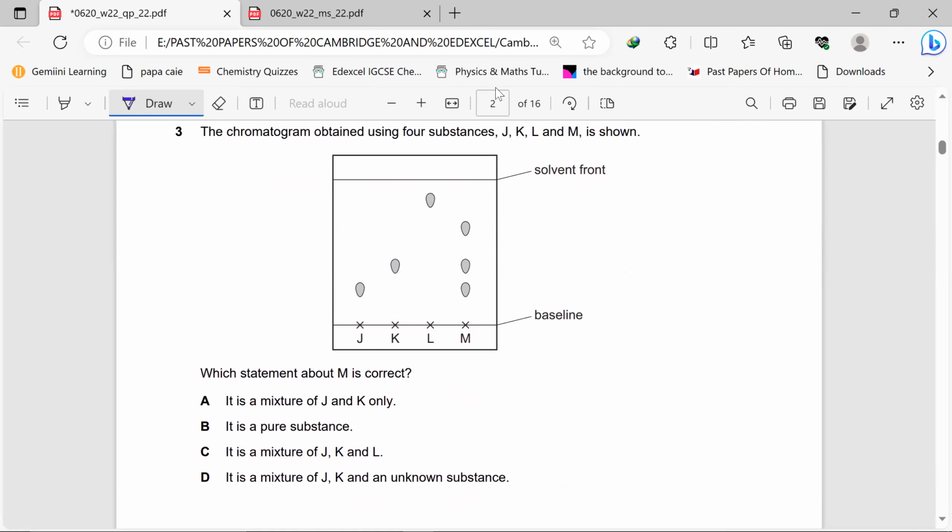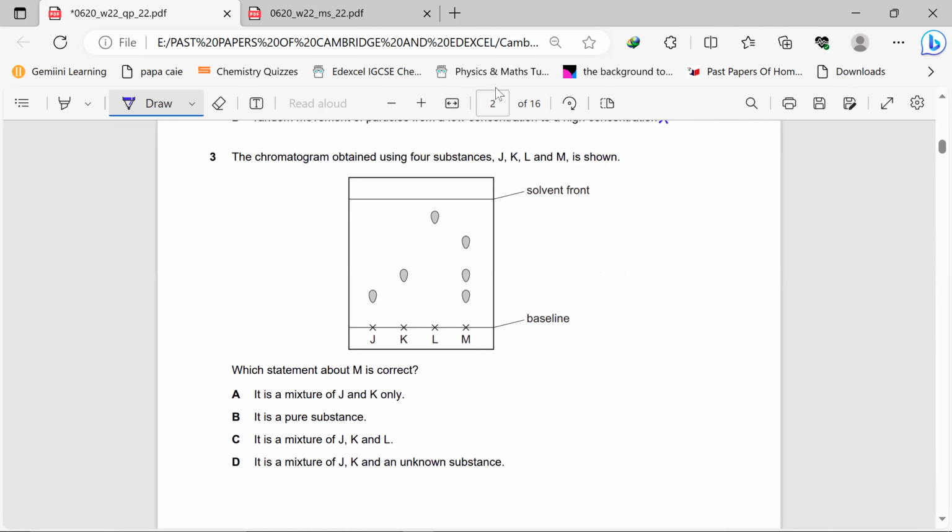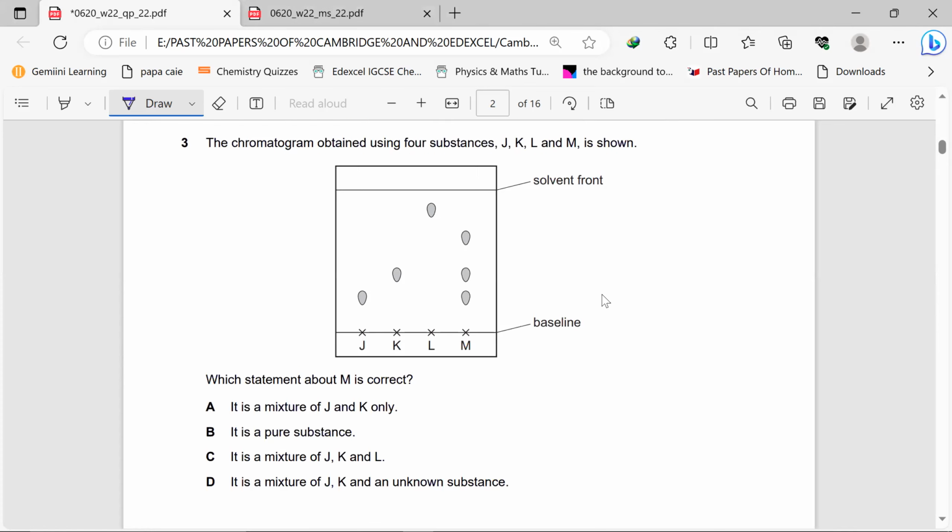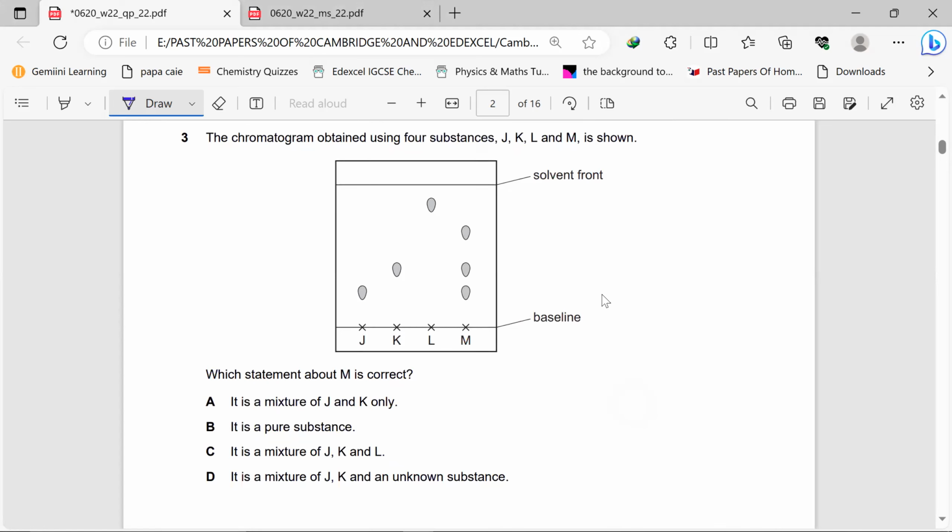Question number 3, it's chromatography. The chromatogram obtained using 4 substances J, K, L, and M is shown. So in chromatography, we have a chromatography paper. Then we take a baseline or pencil line.